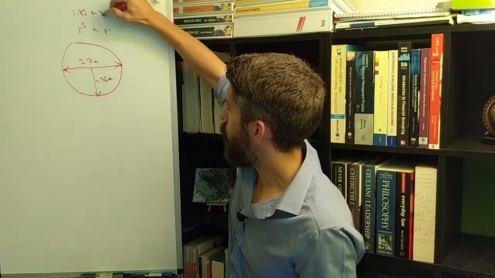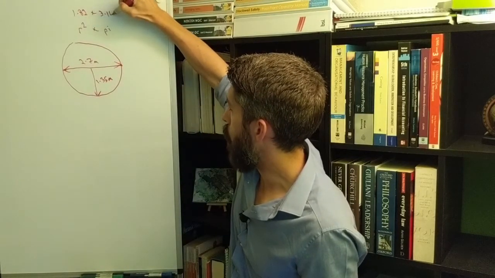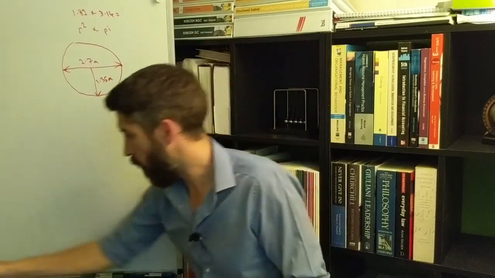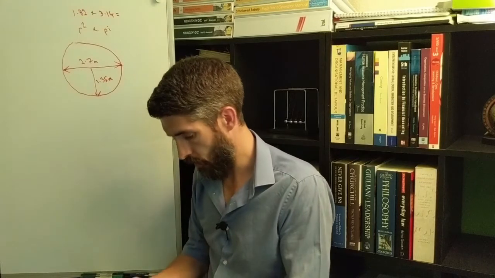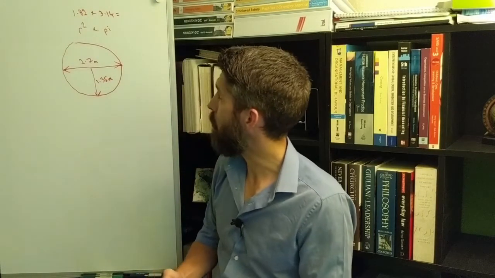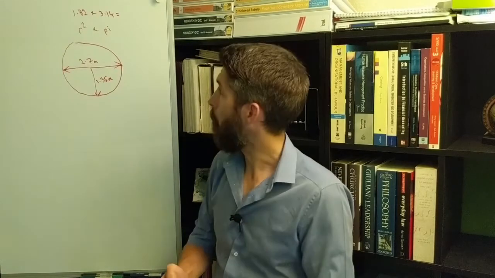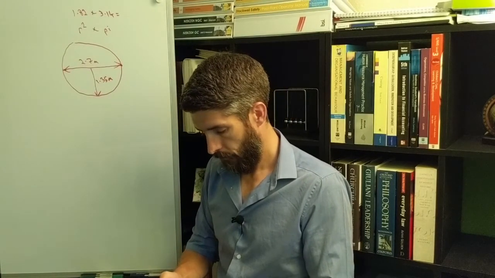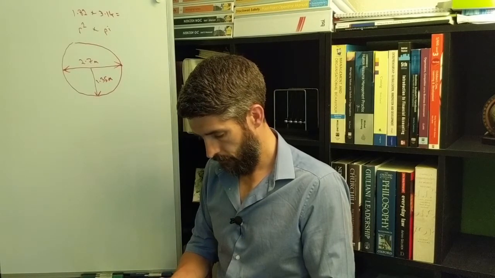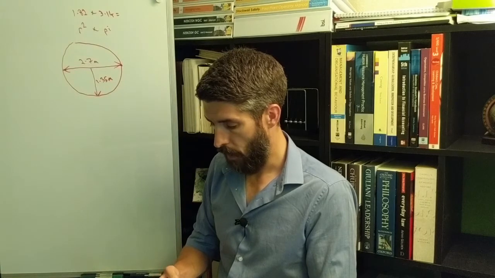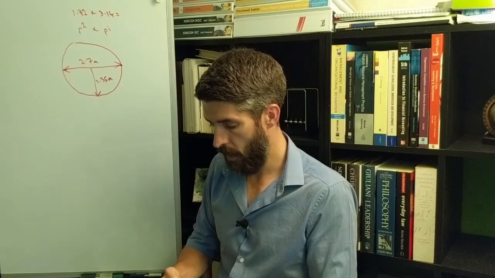So 1.82 multiplied by 3.14 comes to 5.71.